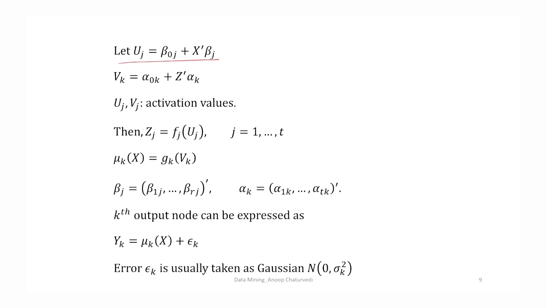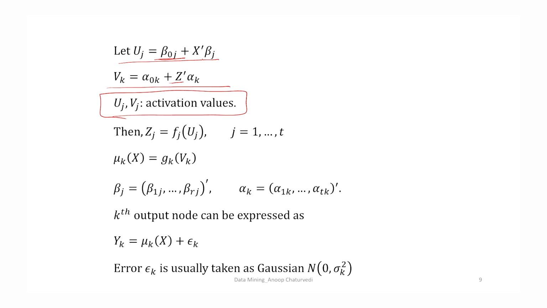So, first what do we do? We combine the input variables using the connection weights. Of course, we also take this bias term, and then v k is equal to alpha naught k plus z transpose alpha k. Then these u j's and v k's, these are the activation values. And then how do we get these outputs?